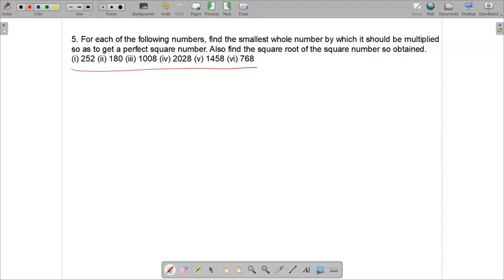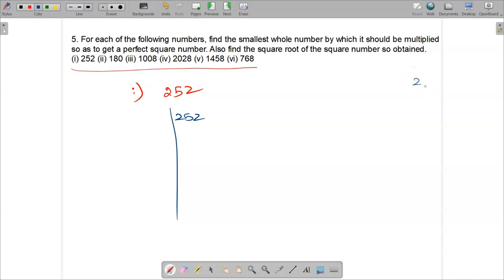So anyway, first let me find the prime factors of the given number by using the prime factorization method. The first number is 252. So apply the prime factorization method. As usual, start from the prime number 2, okay.